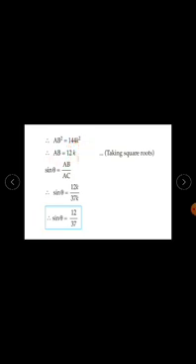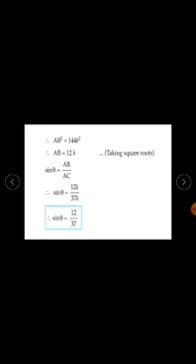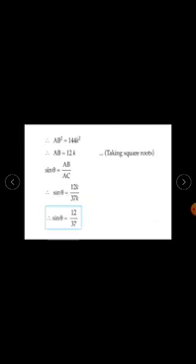Now this AB is equal to 12K. Now find out sin theta. We know the sin ratio is the ratio of opposite side upon hypotenuse. Opposite side for this theta is AB and hypotenuse is AC.